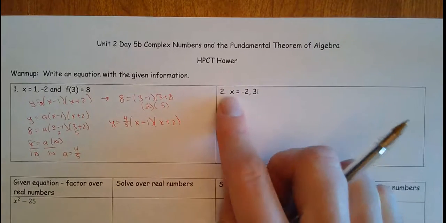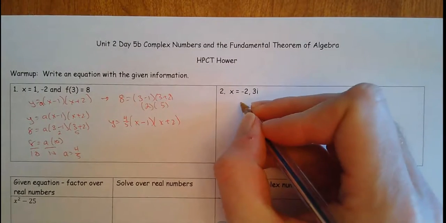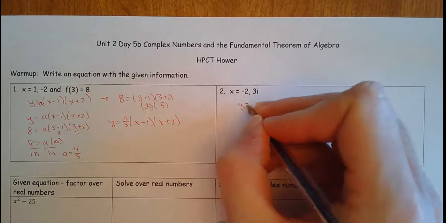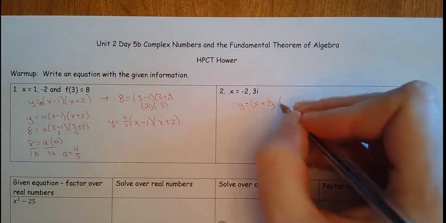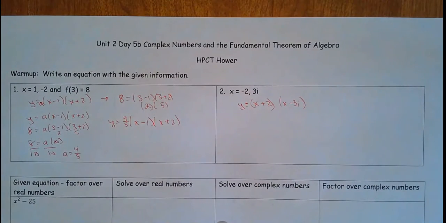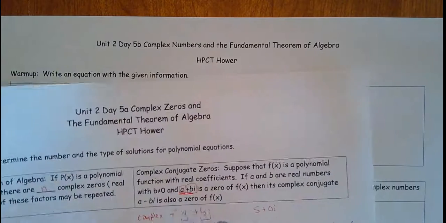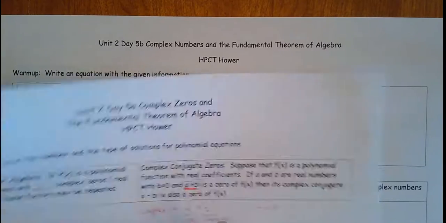This guy here, the zeros are negative 2 and 3i. So that means we can start out with y equals x minus negative 2, which would be plus 2, and then x minus 3i. Now, if you remember from yesterday, we can't stop there because there was this theorem that said that if a plus bi is a zero, then a minus bi is a zero.